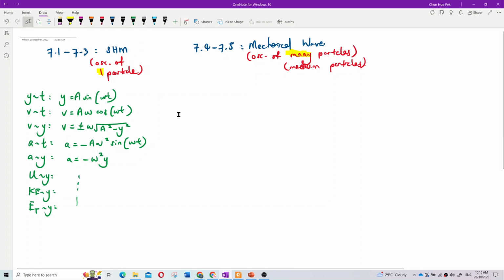Do you know that all these formulas will be used back in 7.4 and 7.5?